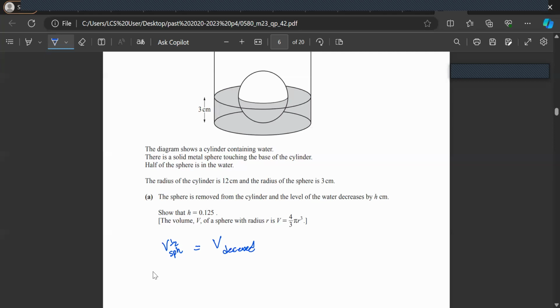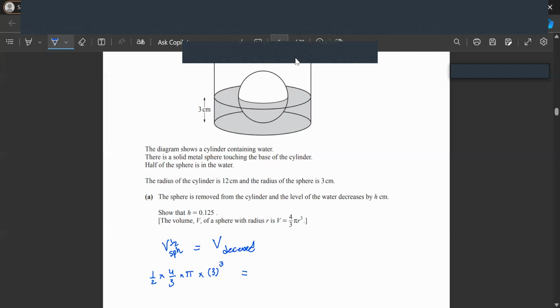It is half multiplied by 4/3 multiplied by pi multiplied by r cubed. What is the radius of the sphere? 3. So it is 3 cubed. Okay? This volume equals the volume that is decreased.